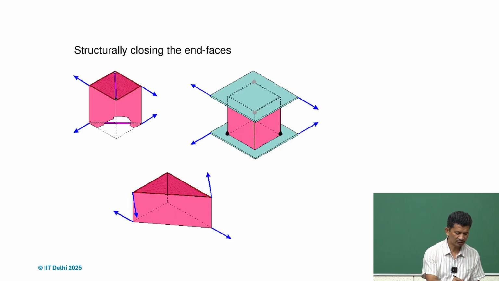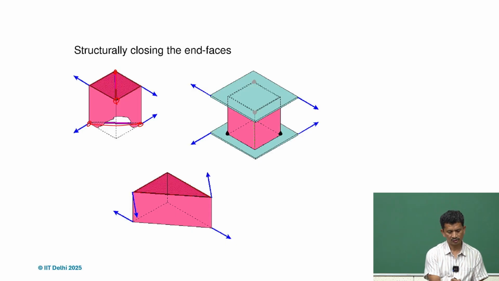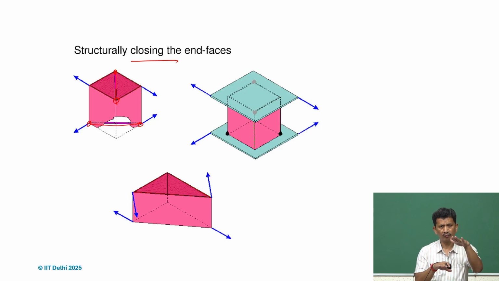So if we just connect it diagonally, both the ends, so it's a triangular construction now, and it is structurally closed. So no need to put a plate entirely, but just by closing the two ends by a bar, just welding them, I think that is sufficient.